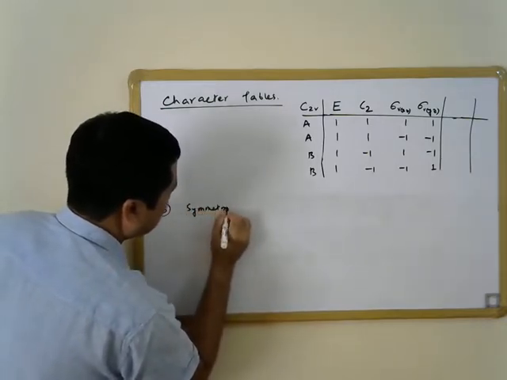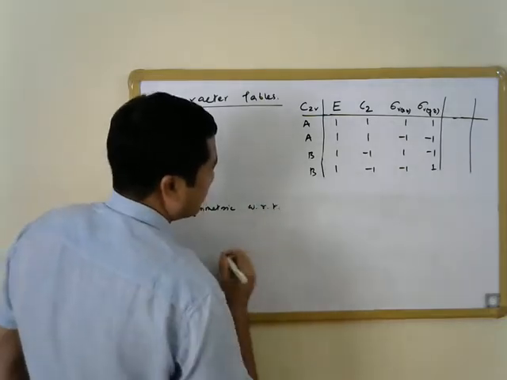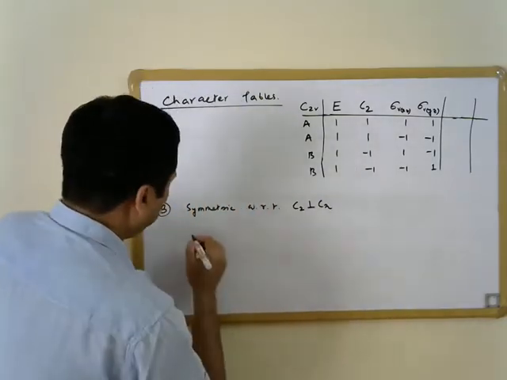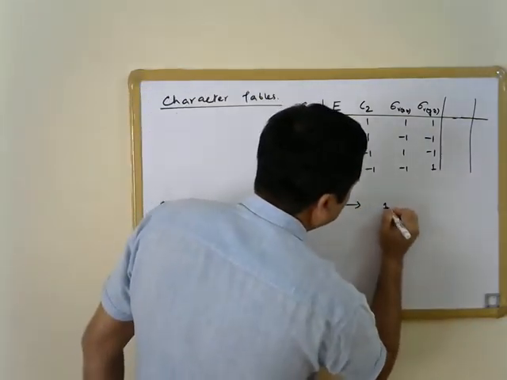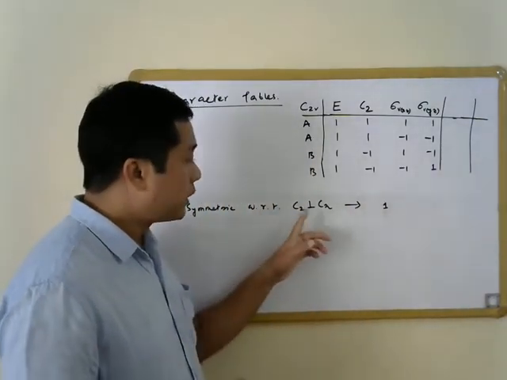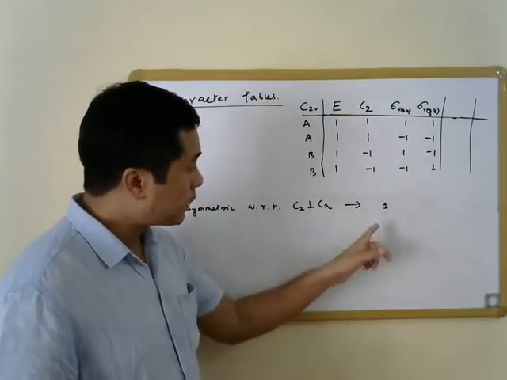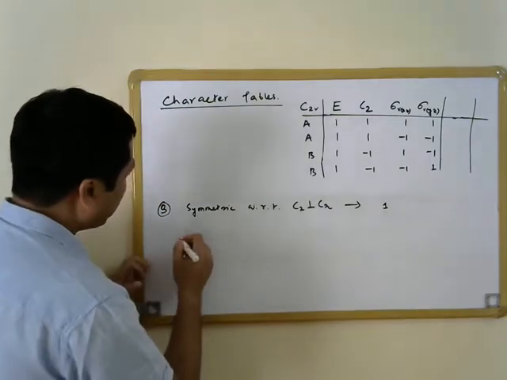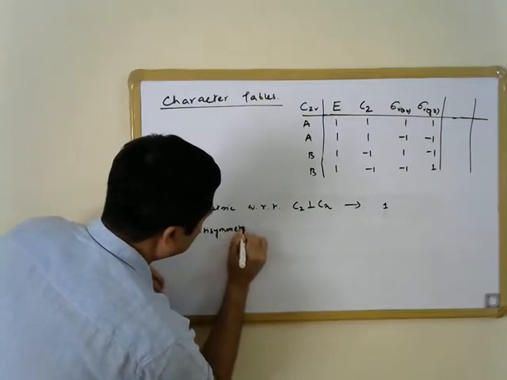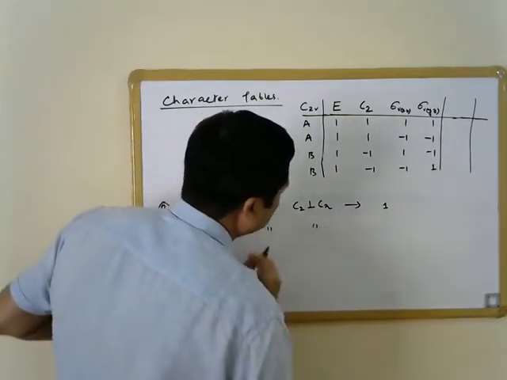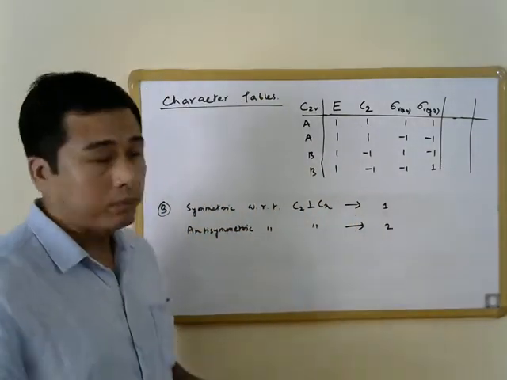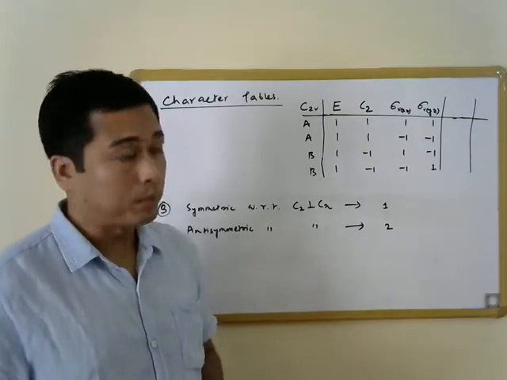Then you use a subscript 1 for those representations which are symmetric with respect to the C2 axis perpendicular to the principal axis of symmetry, while if it is antisymmetric with respect to C2 perpendicular to the principal axis, then we use a subscript 2 to denote those irreducible representations.